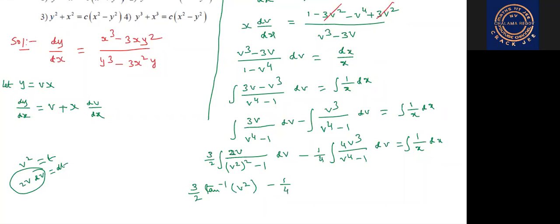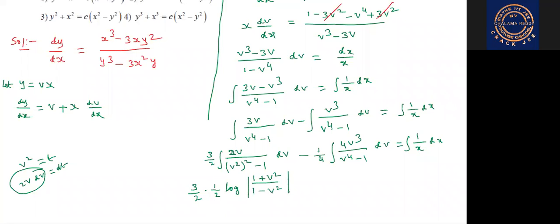No, this is not tan inverse because here minus is there. So we can use logarithm related formula. Yes or no? So 1 by 2 into logarithm of 1 plus v square divided by 1 minus v square.